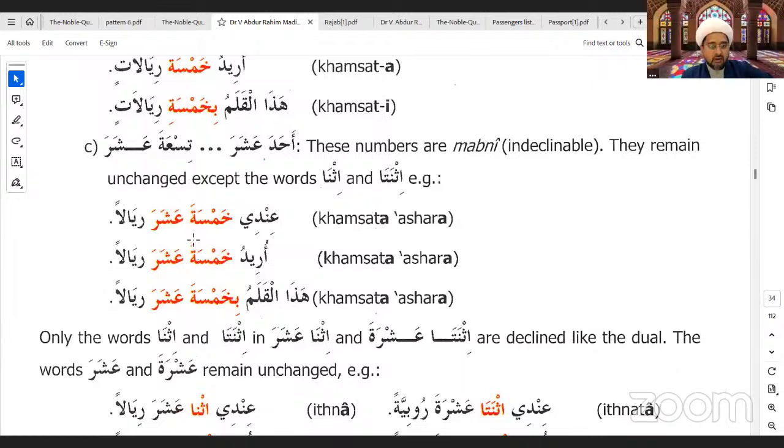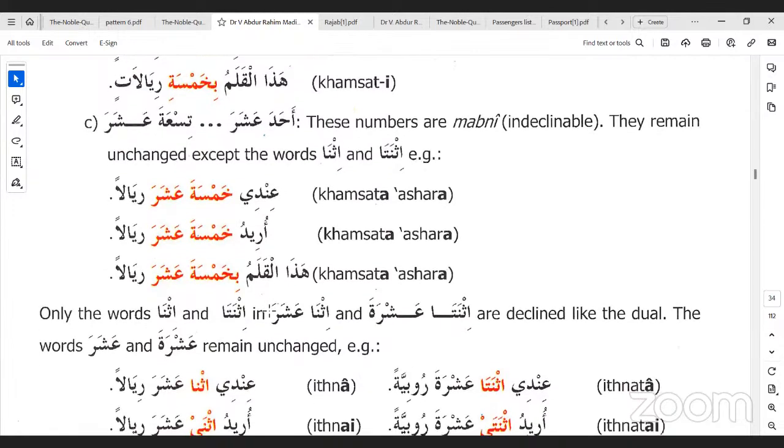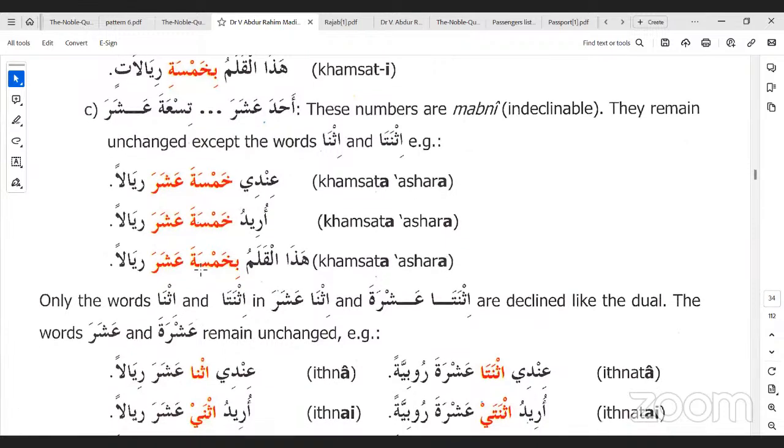No, 15. $15? Yeah. Indi khamsata ashra rialan, I have $15. Urido khamsata ashra rialan. I want $15. Haza al-qalamu bi khamsata ashra rialan. This pen is for 15 reals.